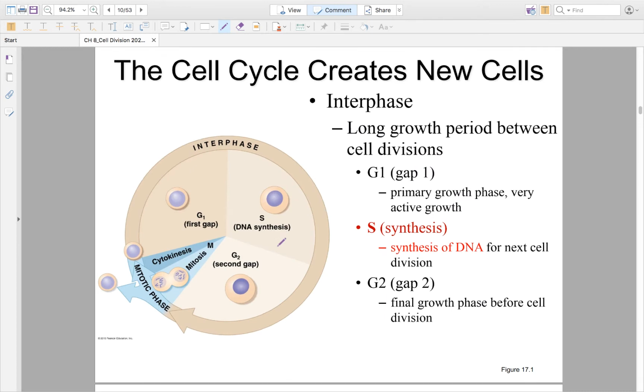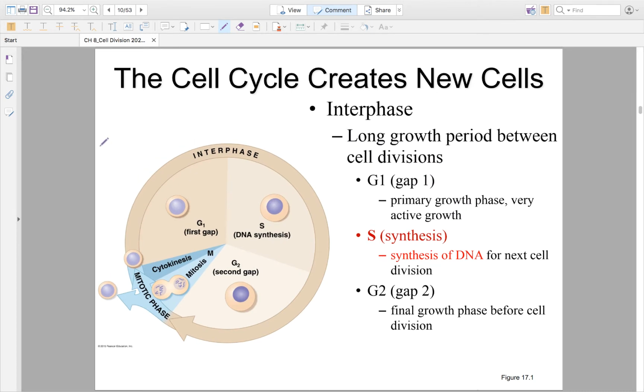Now I think we're ready to talk about the cell cycle. The cell cycle is a cycle that every single cell has to go through in order to divide or replicate. I want you to understand this very well and pay close attention. Look at this pie chart here. See all of this area?